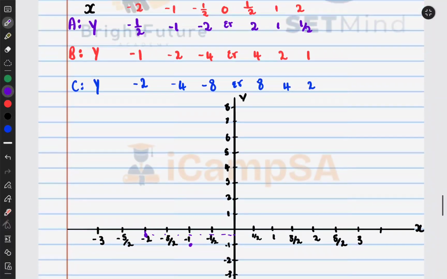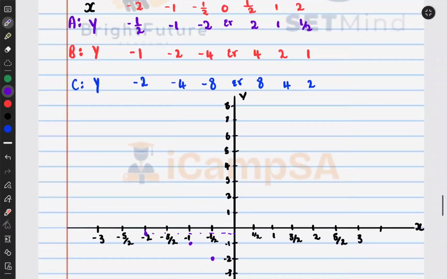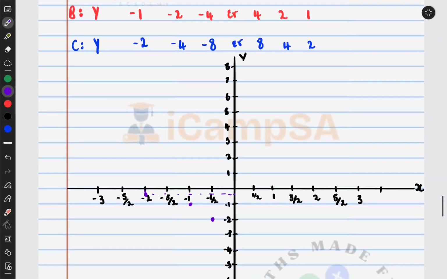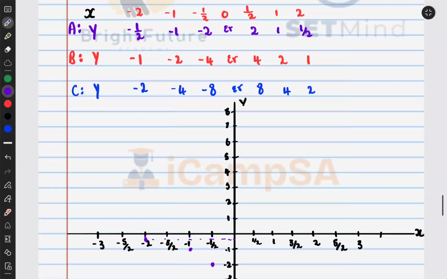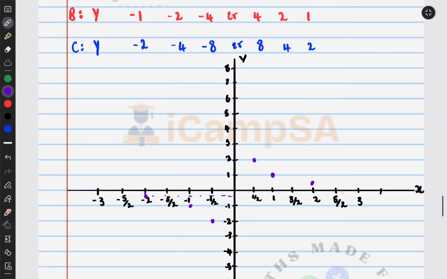Where x is -half, y is -2, so somewhere there. And then we have 0 and error, it doesn't exist. Next we have half and 2, so it's gonna be here, half and 2. And then we have 1 and 1, and then we have 2 and half, so somewhere there. And then yeah, we have our points.